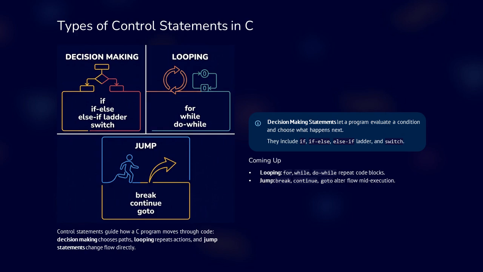Jump statements, break, continue, goto, alter flow mid execution. Control statements guide how a C program moves through code. Decision making chooses paths, looping repeats action, and jump statements change the flow directly.